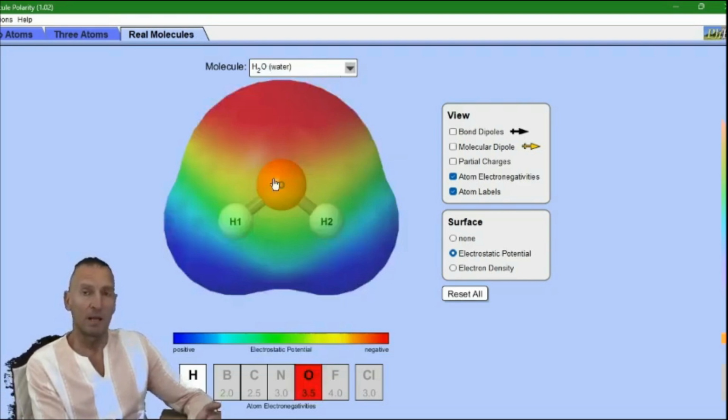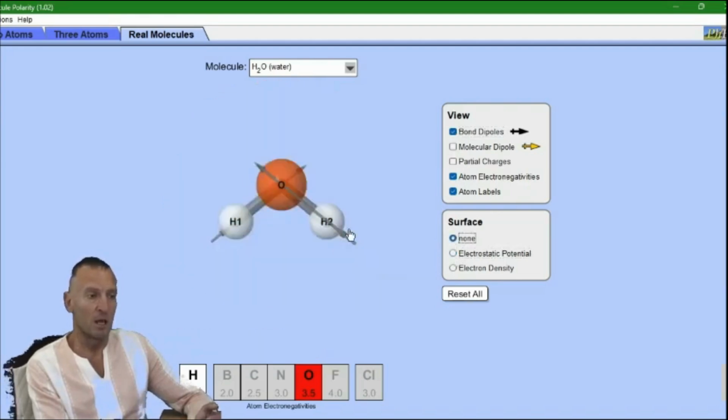Now let's study the water that we studied. Now this is what's happening. Polar molecule. On this part the molecule is negative, on this part the molecule is positive. So what's happening, look at it now, if you see the dipoles. Let's move the electrostatic potential just to see it.